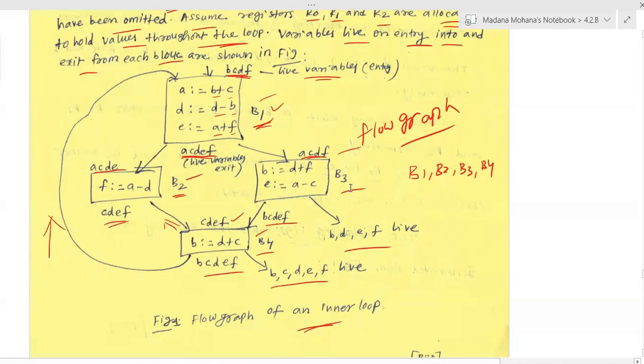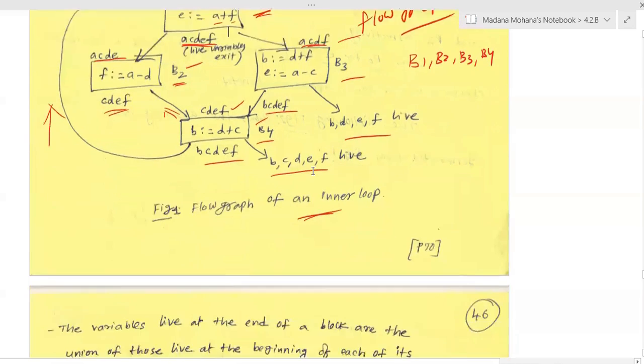Based on the usage count, whichever variable has more usage, we will concentrate on more, and that can be stored in some specific register. So what are the registers we assume?